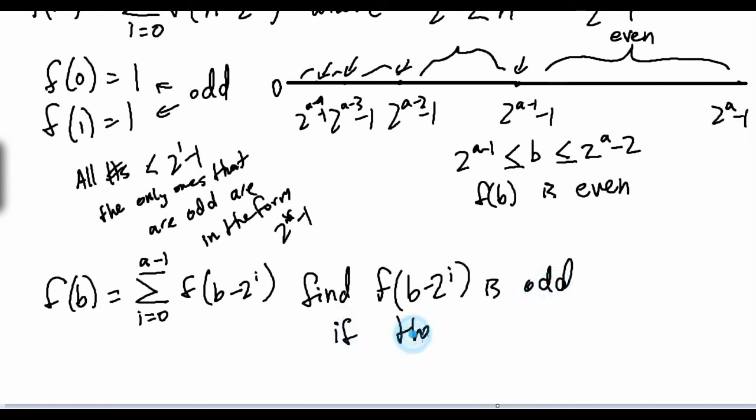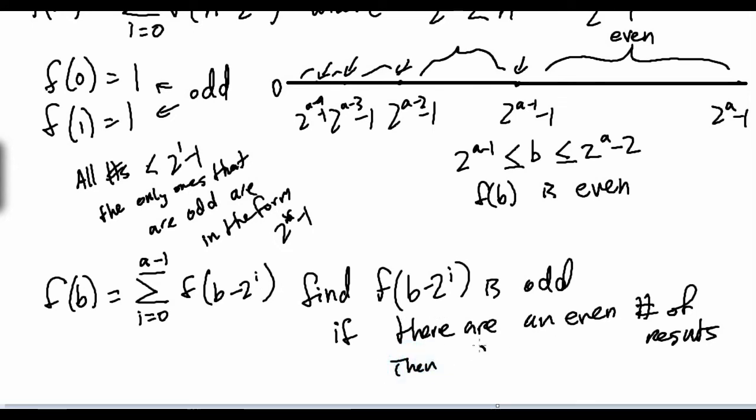If there's an even number of odd numbers in this summation, that means the entire summation is even. Then Fb is even because there's an even number of odd numbers in the summation.